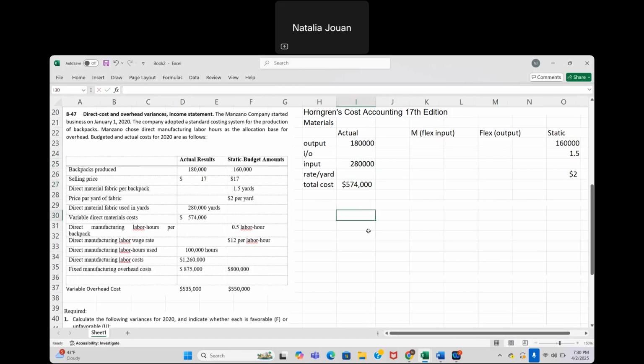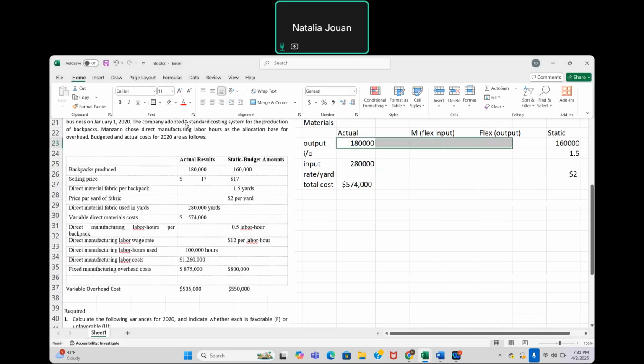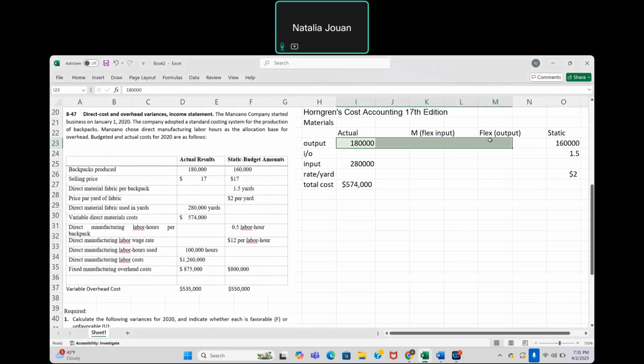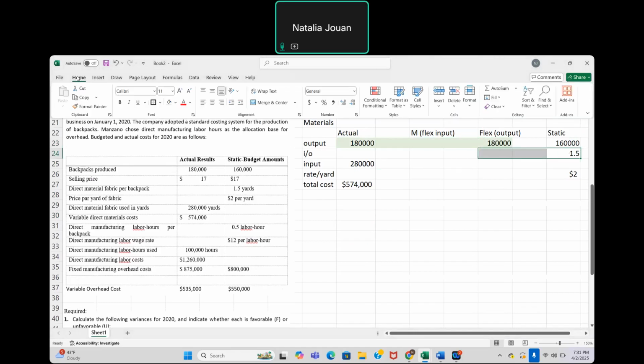So we have all the numbers we need. Everything else is labor related or overhead, so we don't need it for the price variance or efficiency variance. All right, so let's build a flexible budget. Remember, we're going to bring in the actual from the actual column, okay? So we're going to use 180. And then we're going to bring in the amount allowed per unit, 1.5.